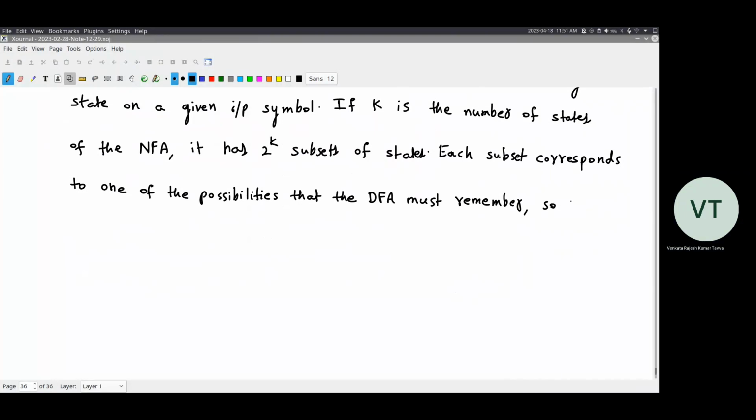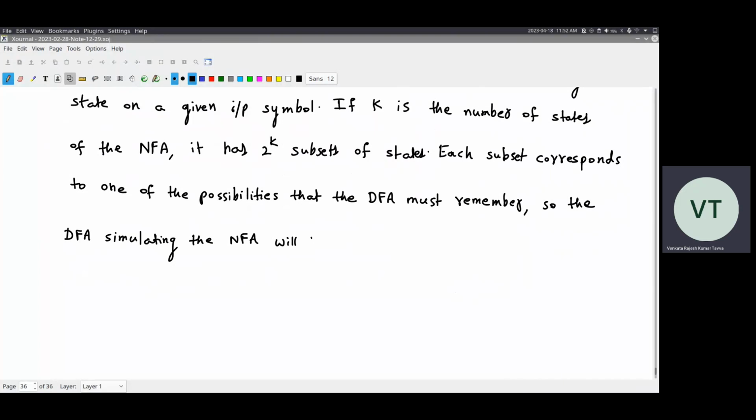So the DFA simulating the NFA will have 2 power k states.